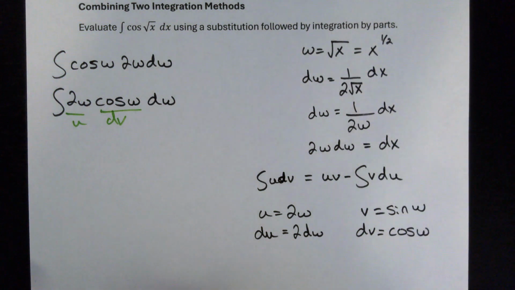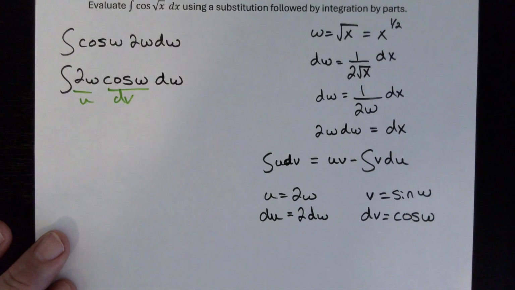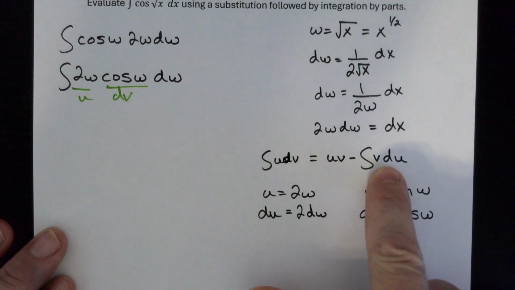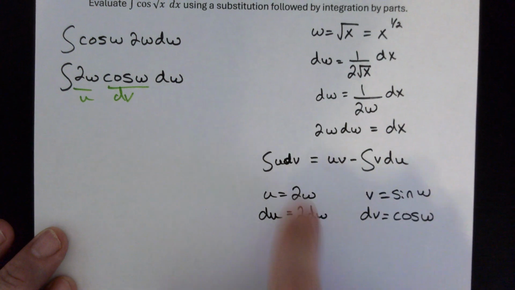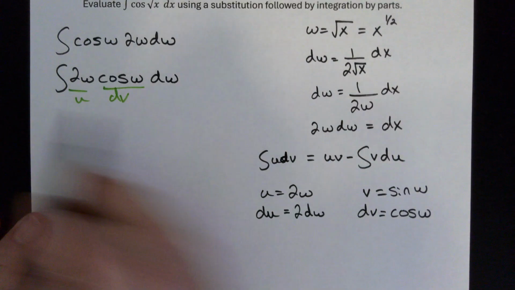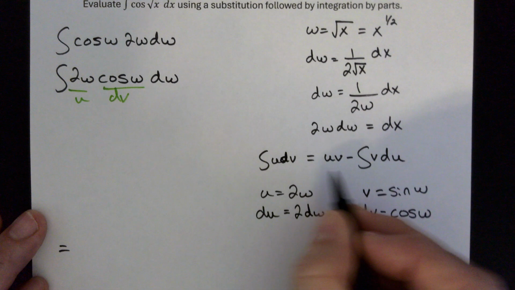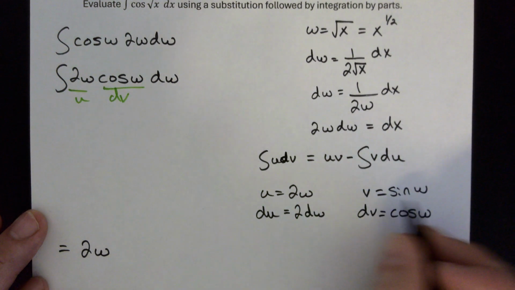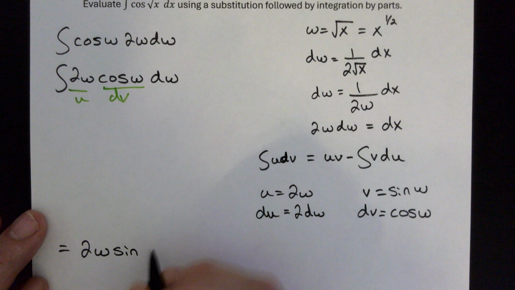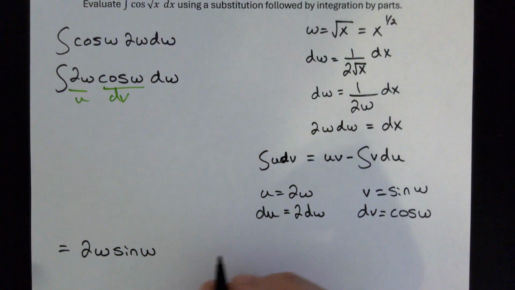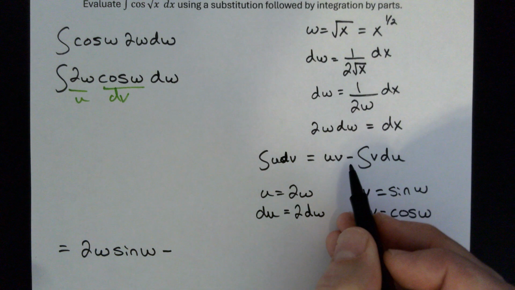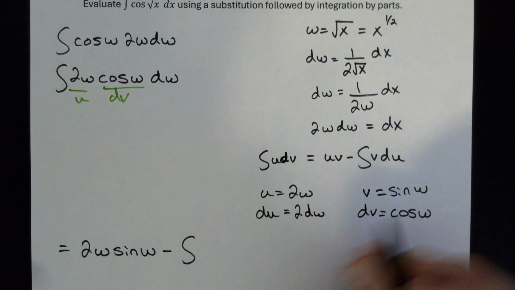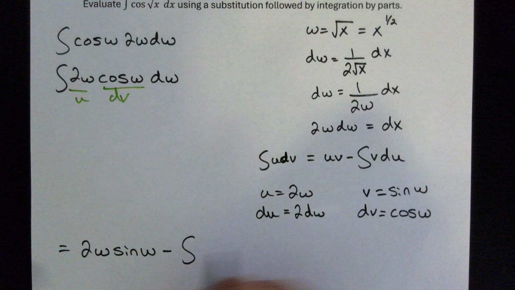So v is sine w. Okay, so now I can write this thing down in this form using these things here. So we've got this integral equals uv, so that's 2w times sine w, and then minus, because of the formula, the integral of v du.